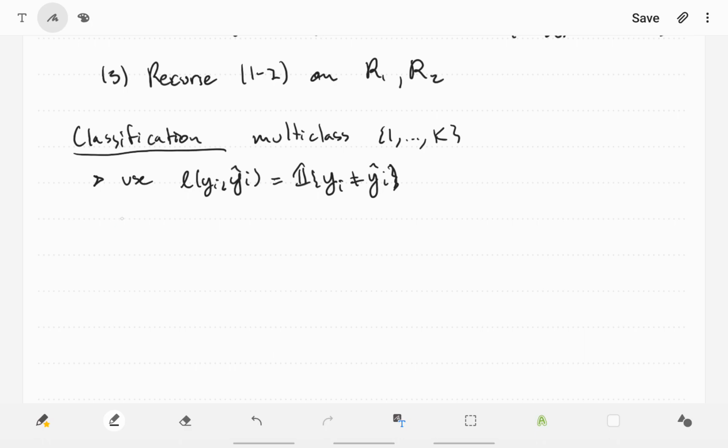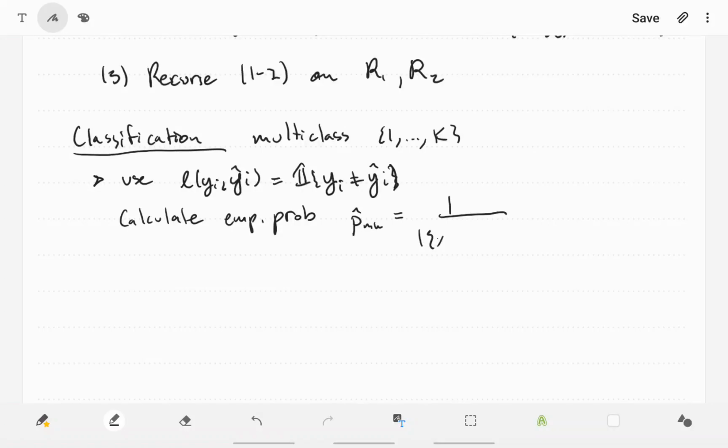So one thing that we can do is calculate this empirical probability for a given class within a region. This is like a maximum likelihood estimate.